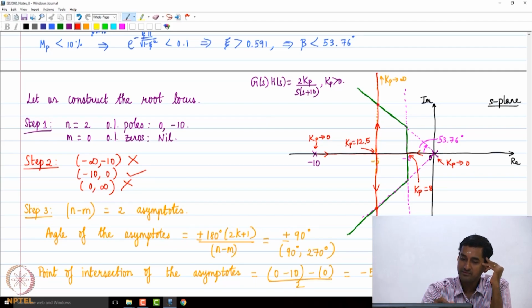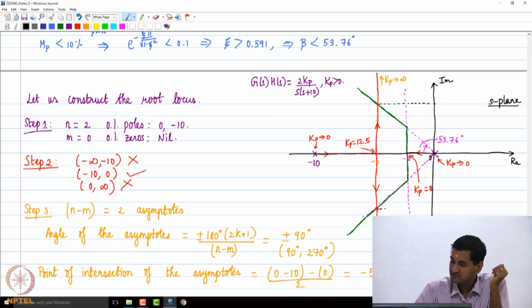So what is this value? And similarly, what is this value?